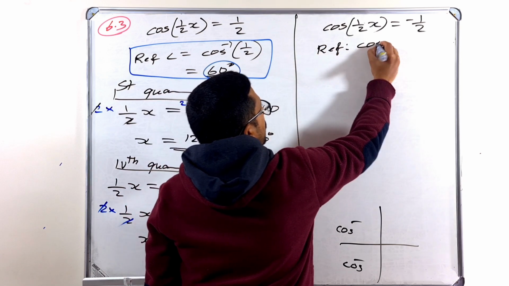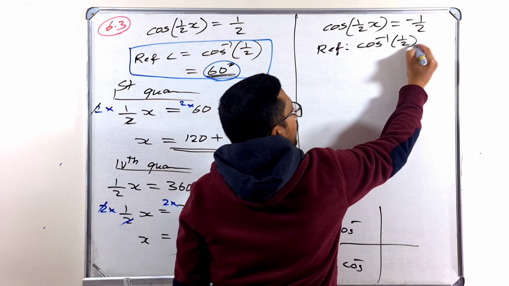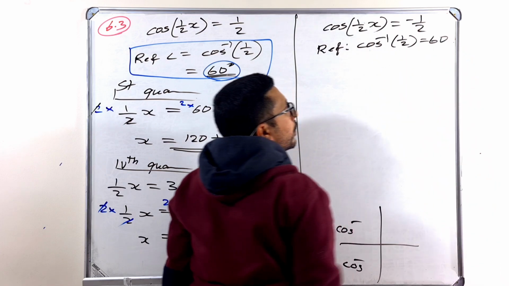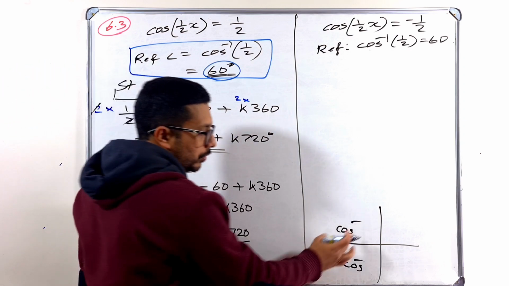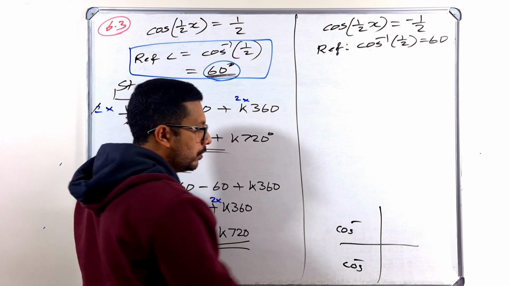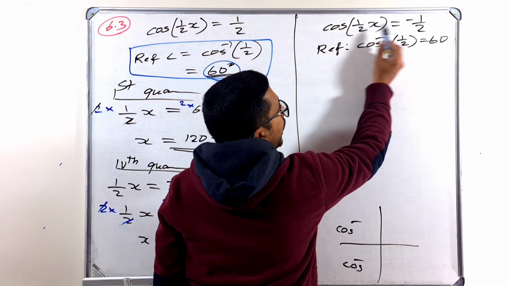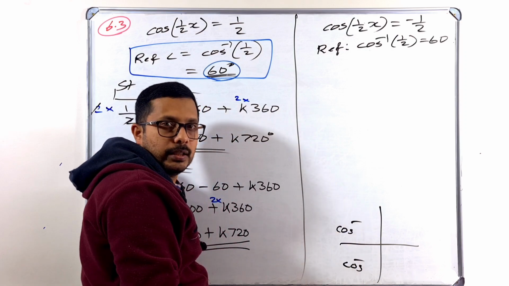Just ignore this minus, so cos inverse of 1 over 2, that is 60. The reference angle is the same, 60. Now we have to think about the second quadrant and third quadrant, because cos of an angle is negative in the second and third quadrant.